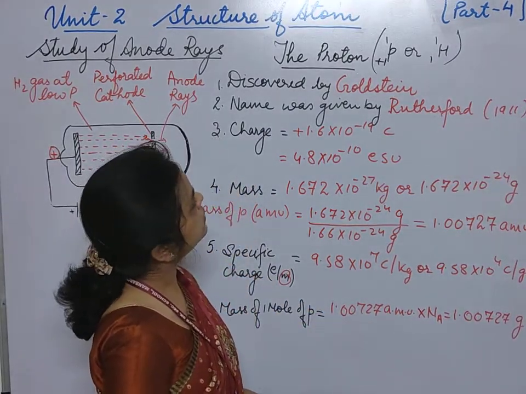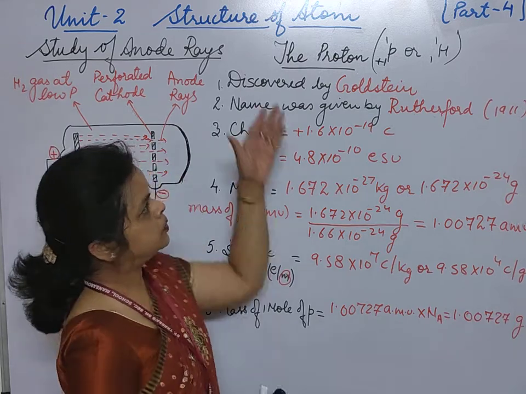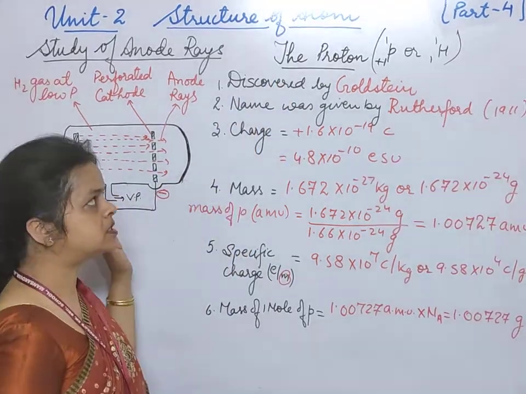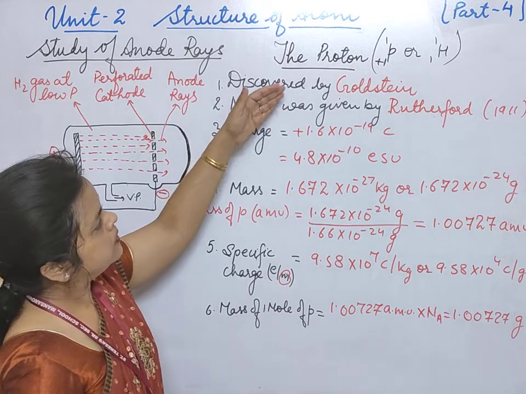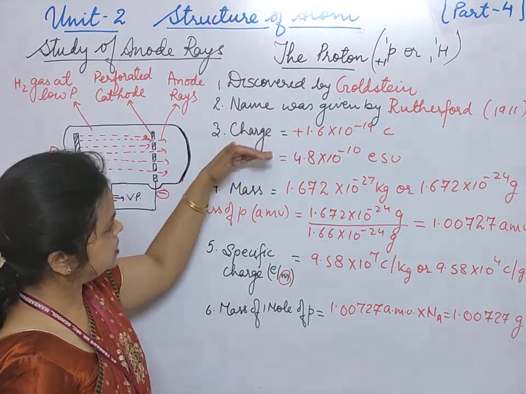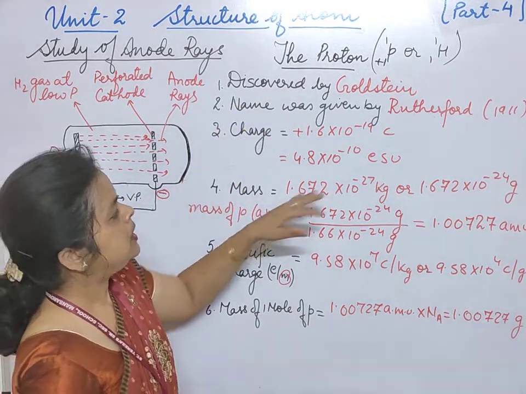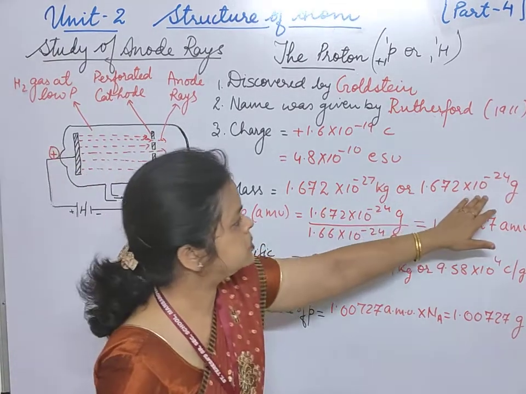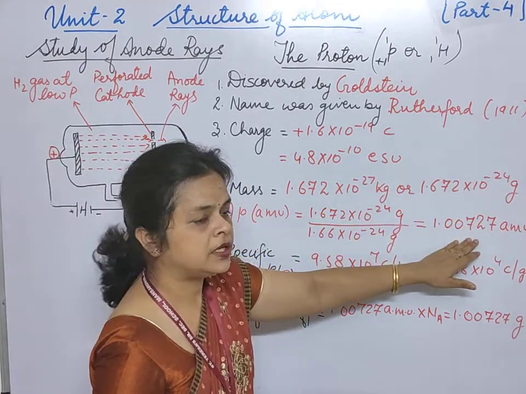So in this way we can discuss the proton, how it was discovered, who discovered it, who gave the name, what is the charge, what is the mass present in terms of kilogram, in terms of gram, and in terms of AMU.